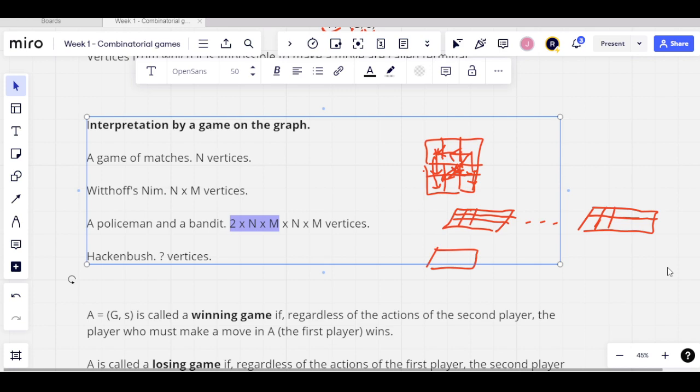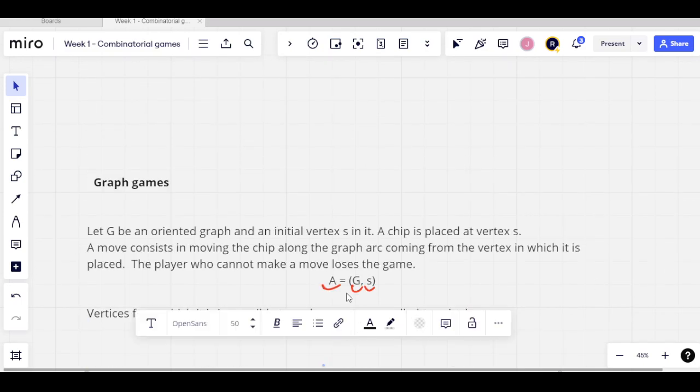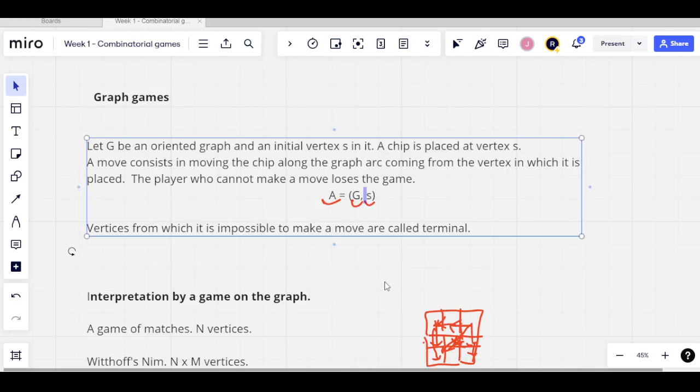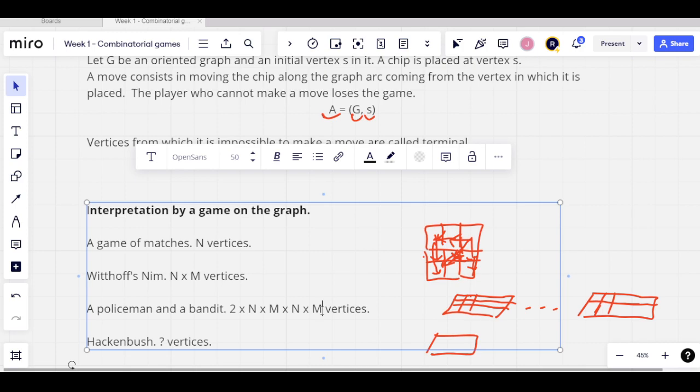And this game has two initial states, but we have only one, and that's why we have to multiply by n to the power n and m. Do you understand me or not?